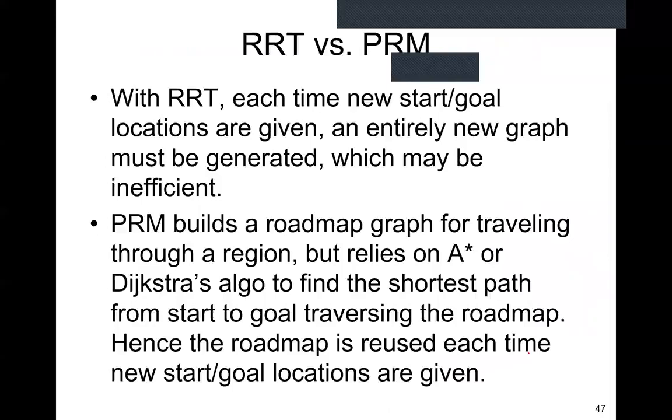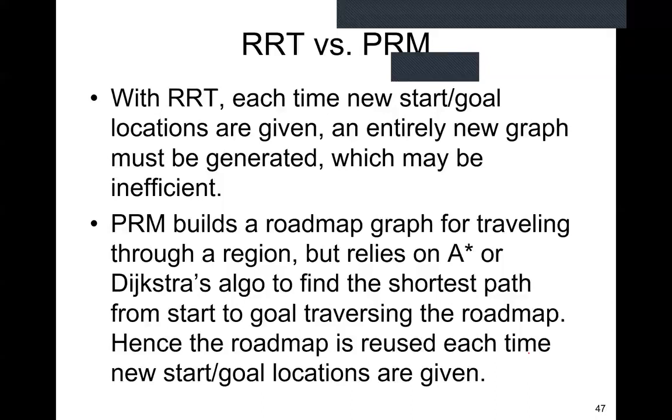So with RRT, every time new start and goal locations are given, an entirely new graph must be generated, which may be inefficient. But for PRM, it builds a roadmap graph for traversing through a region, but relies on A star or Dijkstra's algorithm to find the shortest path from start to goal, traversing the roadmap.